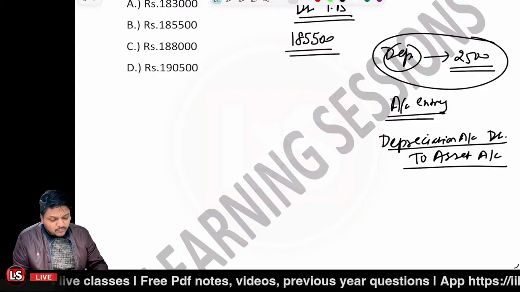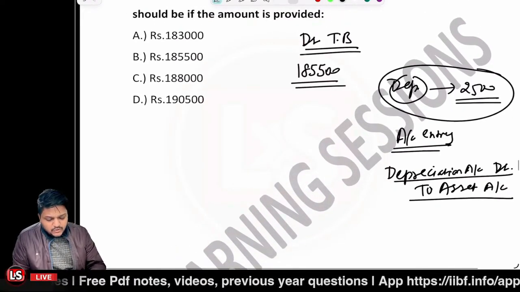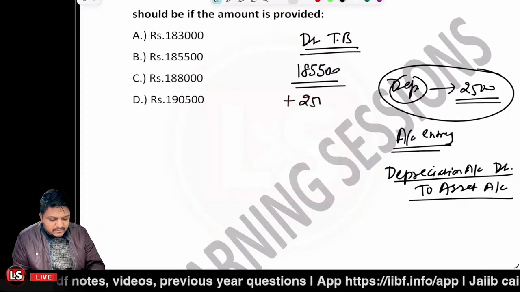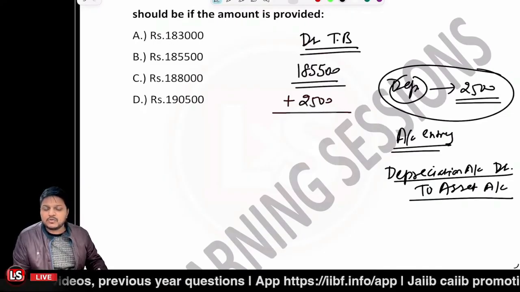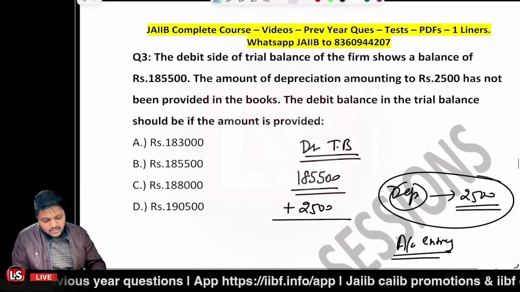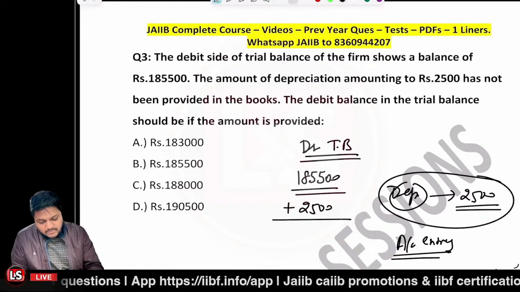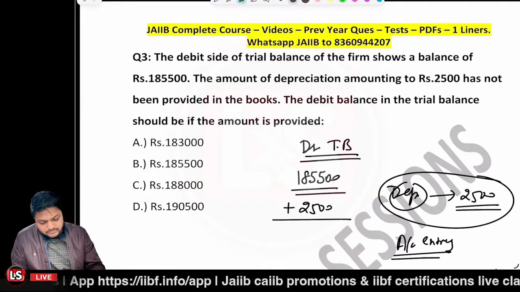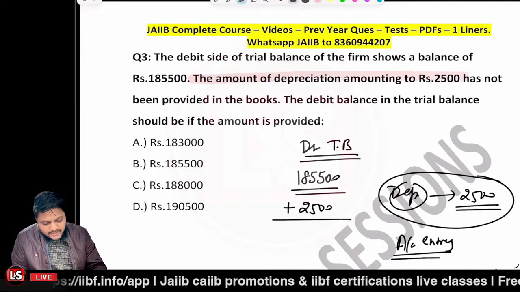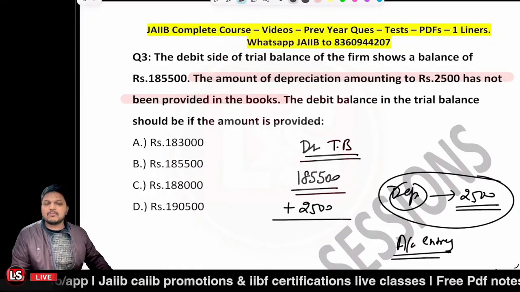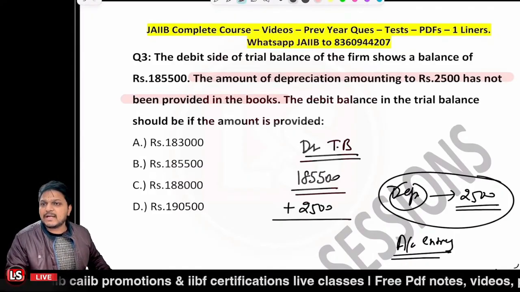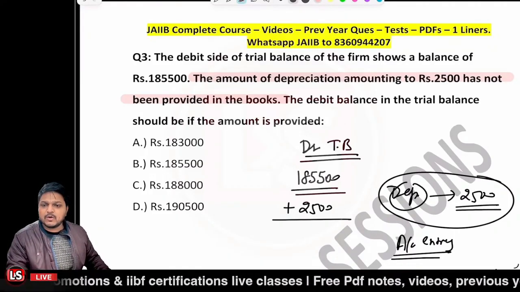So the debit balance would be accountable for the debit side over there. We have to add it to the debit side, because it is clearly said in the question that the amount of depreciation has not been provided in the books. It means we have not posted it in the books. So 2,500 on the debit side.